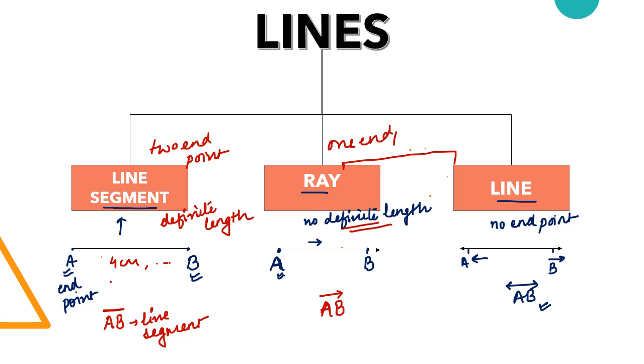We represent a line segment by AB and putting a small line segment over AB. Then we represent a ray by writing AB and putting a line with one arrow over it. And a line is represented as AB and a line with two arrows on both sides of it.